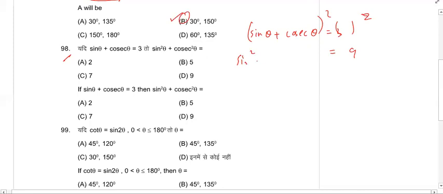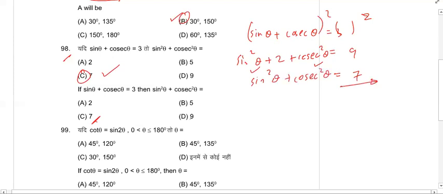So sine squared theta plus 2 times sine times cosec, the middle term is 2, plus cosec squared theta, the last term. So sine squared plus cosec squared, the answer should be 7. Option C.